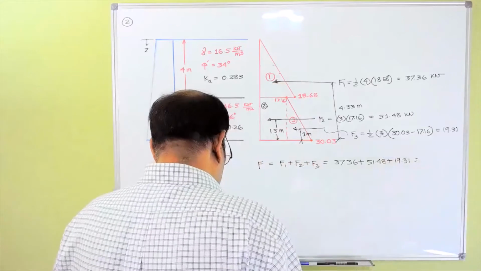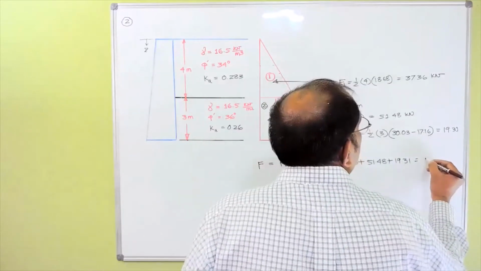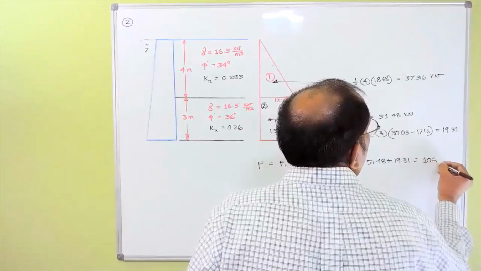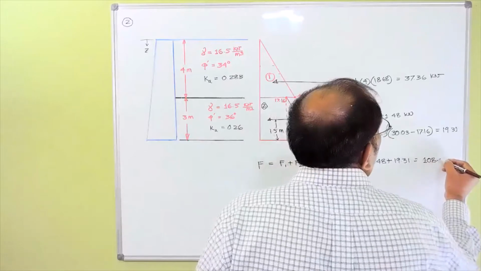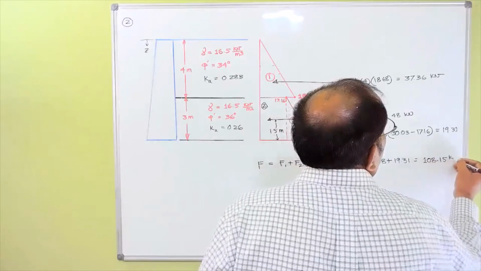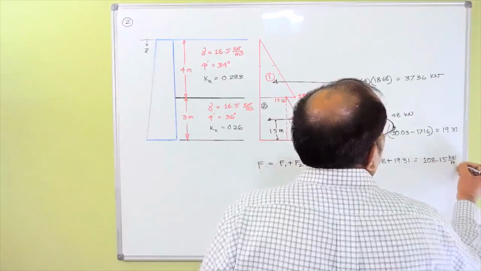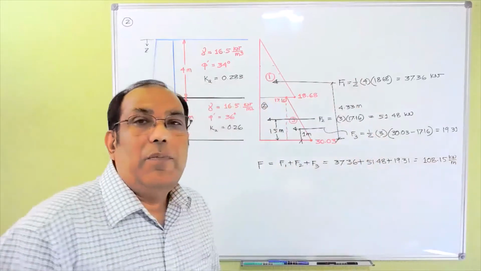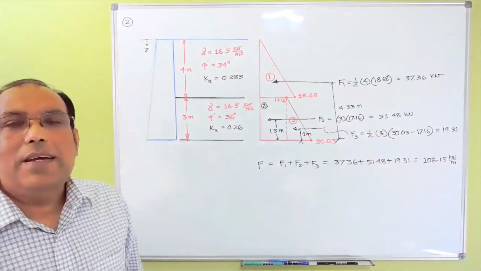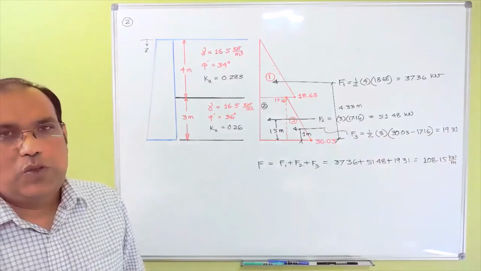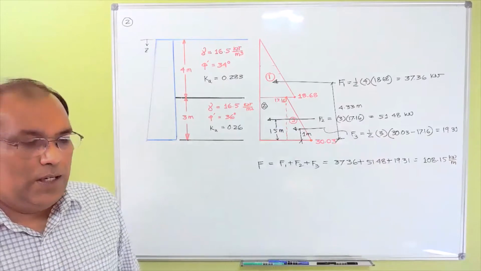So total is 108.15 kilonewton per meter length of the wall. Okay. Now, where is the location of this resultant force?